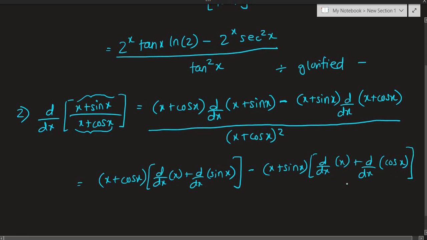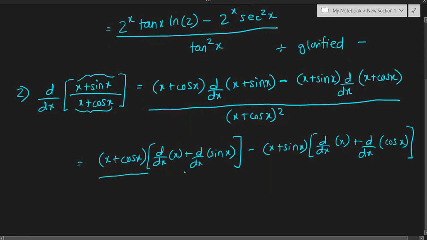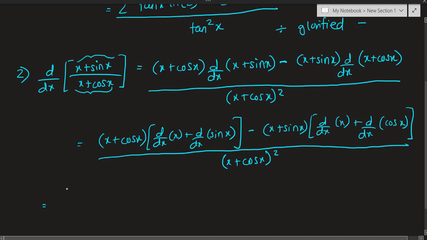But that's not all. You have to also divide this monster large expression by x plus cosine of x, the whole thing squared. So now we have x plus cosine of x was anyways outside. The derivative of x is 1.